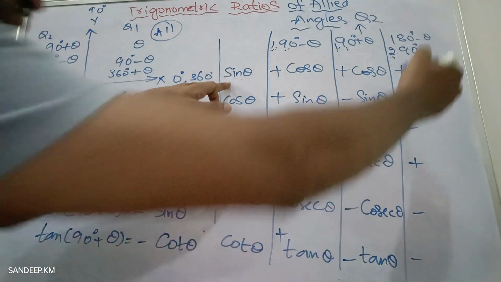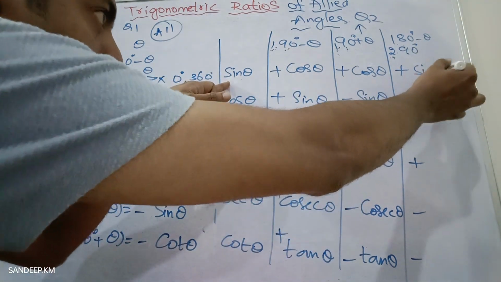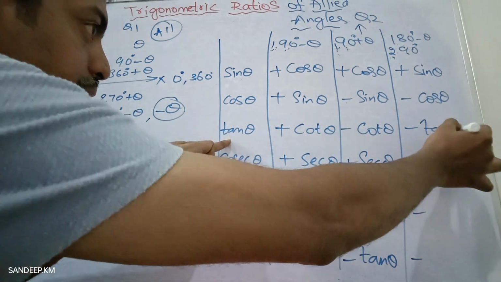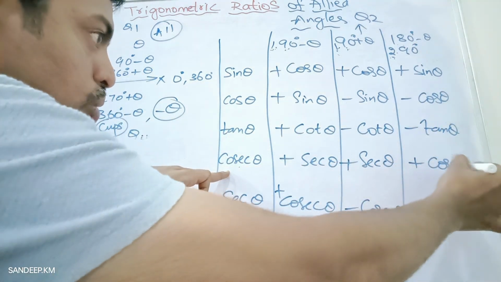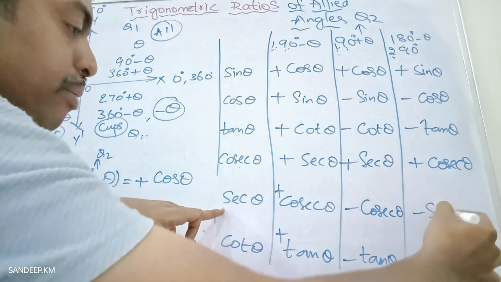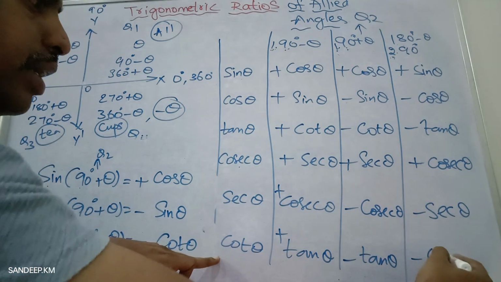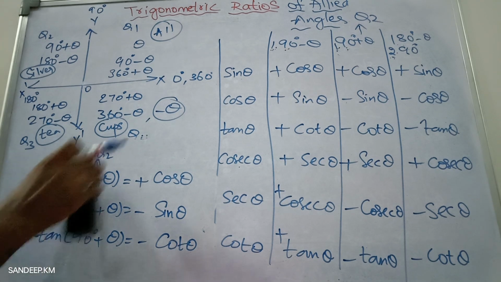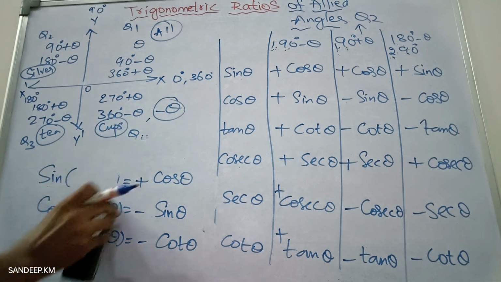That means sin theta remains sin theta, cos theta remains cos theta, tan theta remains tan theta, cosec theta remains cosec theta, sec theta remains sec theta, and cot theta remains cot theta. So how do we understand this?